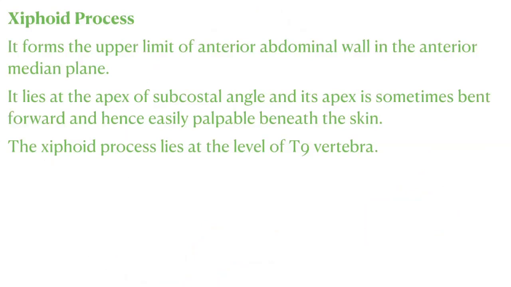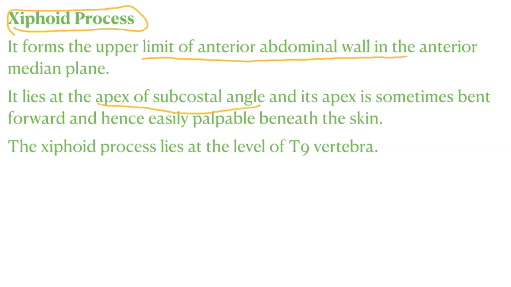Coming to another bony landmark, that is the xiphoid process. The xiphoid process forms the upper limit of the anterior abdominal wall in the anterior median plane. It lies at the apex of the subcostal angle, and its apex is sometimes bent forward and hence easily palpable beneath the skin.